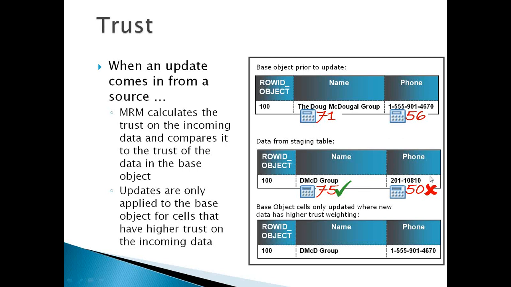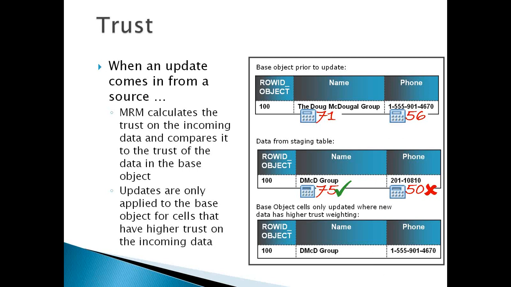So it will update the name and the phone number in the cross-reference table. After it has updated that, it will calculate the trust and the validation rule. Here it found that the name is more trusted, but the phone number is not trusted. So it has just promoted the name into the master record. The phone number was not promoted.